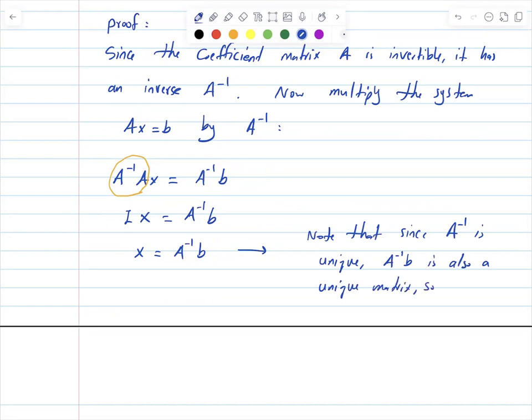So the system has a unique solution. So we're done with the proof. Let's take a look at a few examples here, everyone.